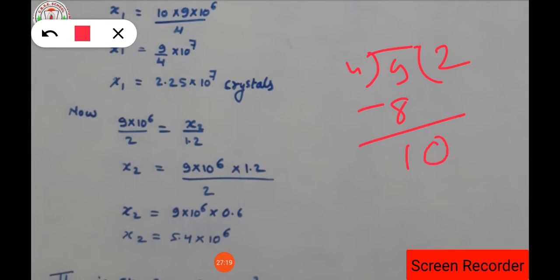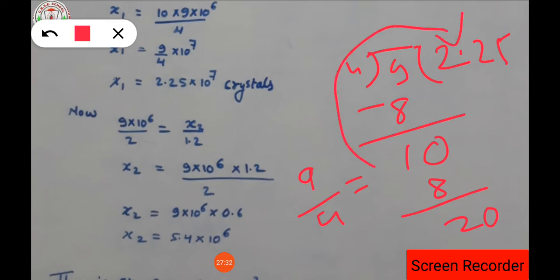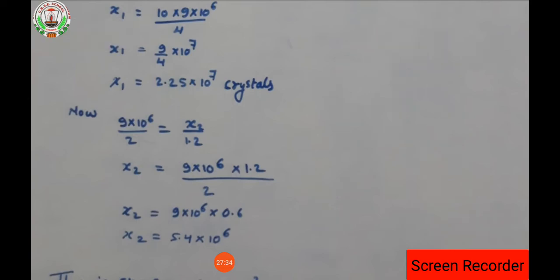Then taking the 0 decimal, again 8, we consider 2, and considering 2, 5. So when 9 upon 4 is divided, the answer is 2.25 into 10 to the power 7 remaining. So how many crystals are there in 5 kgs of sugar? That is 2.25 into 10 to the power 7 crystals in 5 kgs of sugar.